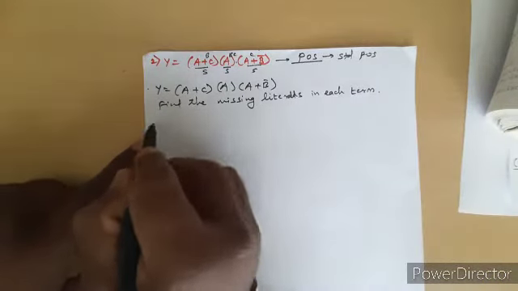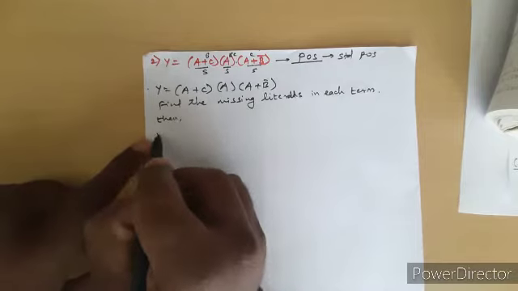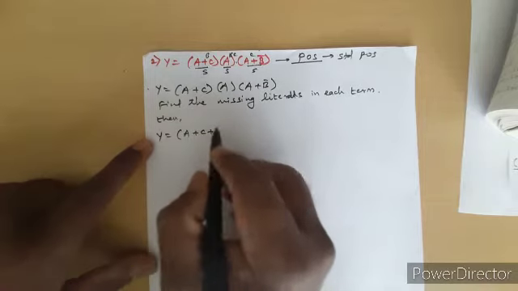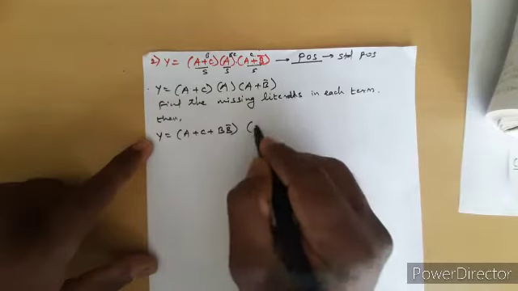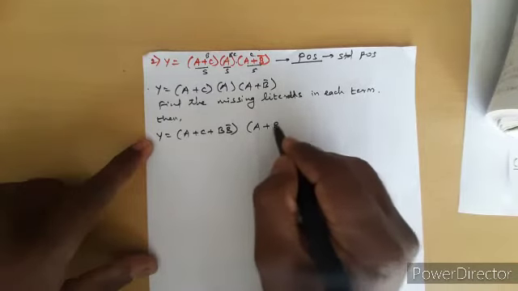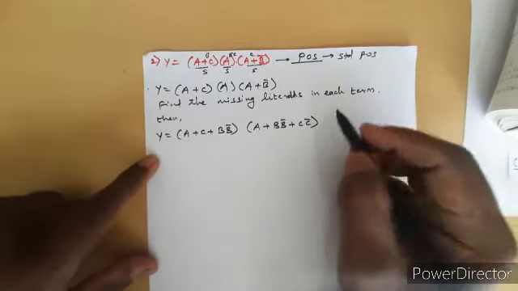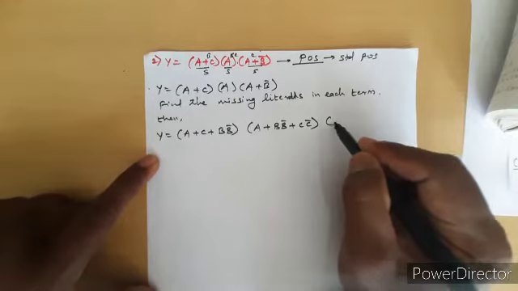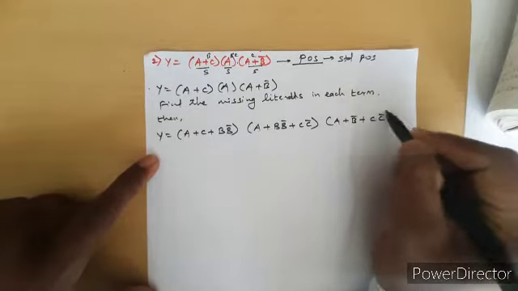Then my y is a plus c plus, now here b is missing, so this is b into b bar. Here both b and c are missing, so it is a plus b into b bar plus c into c bar. And in the third term the c literal is missing, so this is a plus b bar plus c into c bar.